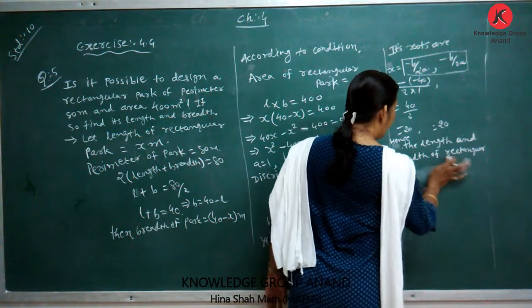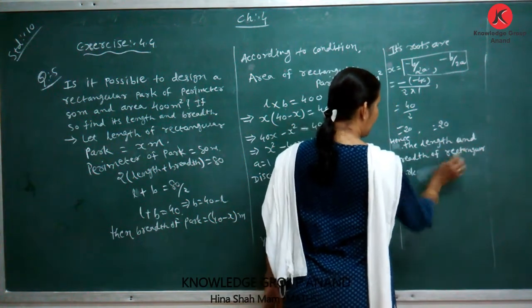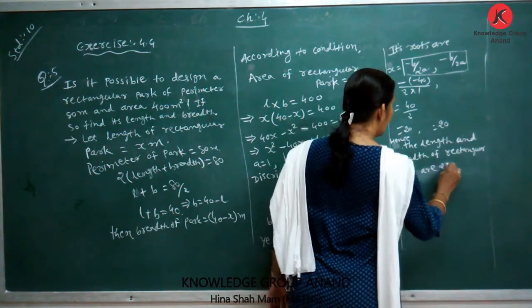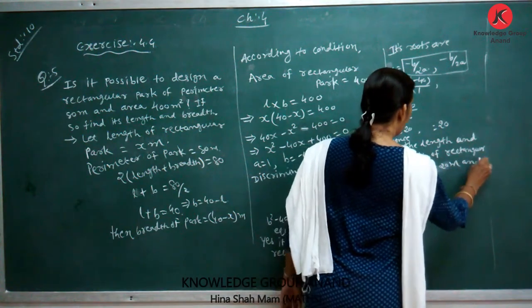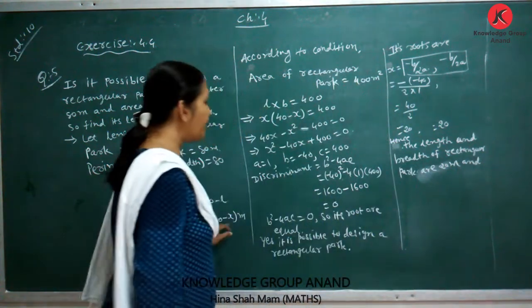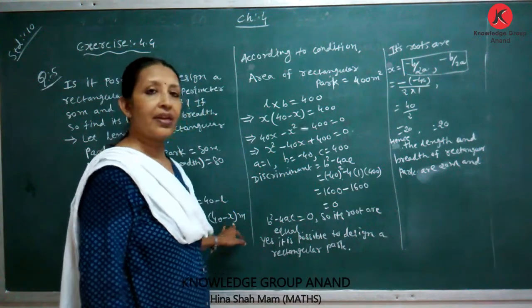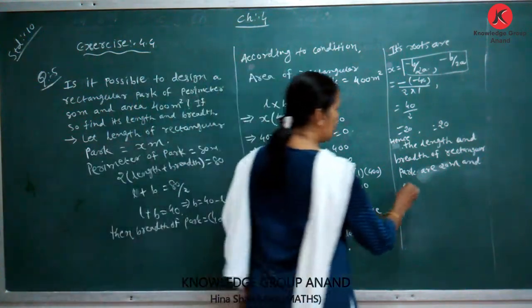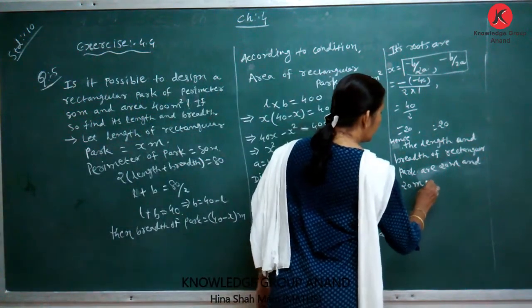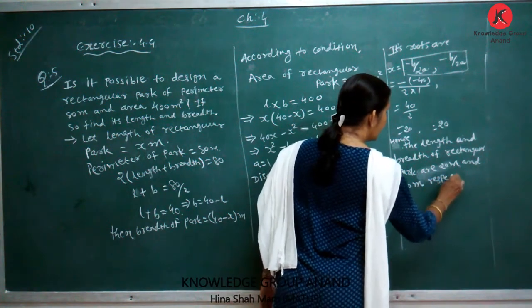Here length and breadth of rectangular path are 20 meter and 20 meter respectively.